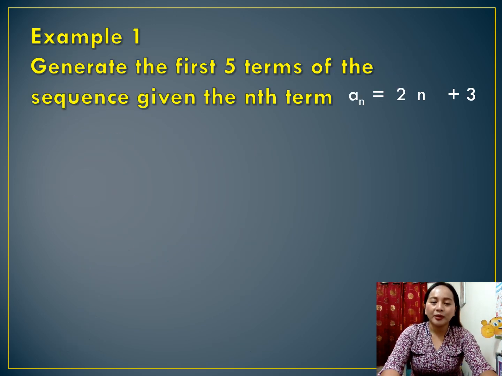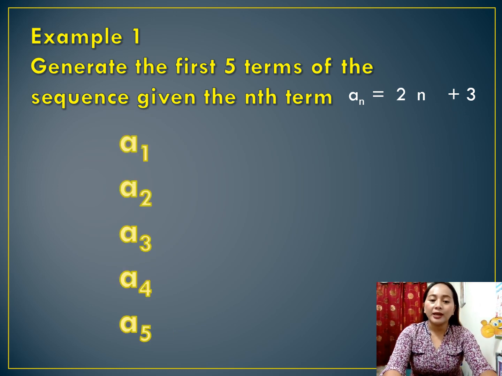At this time, let's have example number 1. Generate the first 5 terms of the sequence given the nth term A sub n is equal to 2n plus 3. That means A sub 1, A sub 2, A sub 3, A sub 4, and A sub 5 will be the unknown.